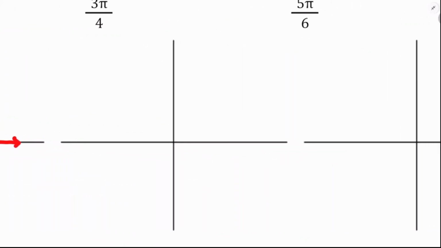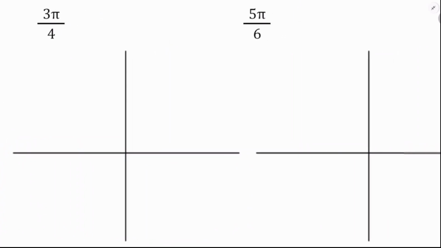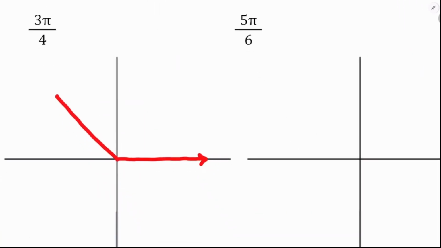Pi over 4, if it's over 4, it's going to be a 45-degree situation. Let's start with my initial ray here. Then my terminal ray will be over here. I guess I'll just draw it first and justify it after, because I don't think we did this one on the previous page. 3 pi over 4, that's equal to pi minus pi over 4.